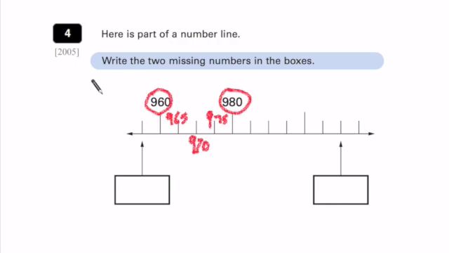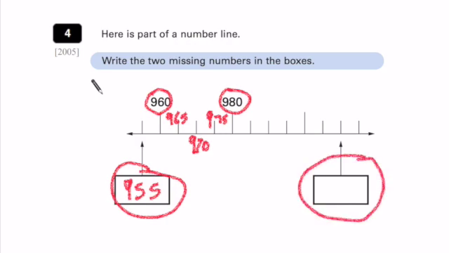So to find this one, you always have to find what it's going up in. Once you know what it's going up in, you can work it out. So this is before. So we're going to do 960 take away 5, which is 955. Now, at this point, if I'm telling you it's going up in fives, you should be able to work this one out.